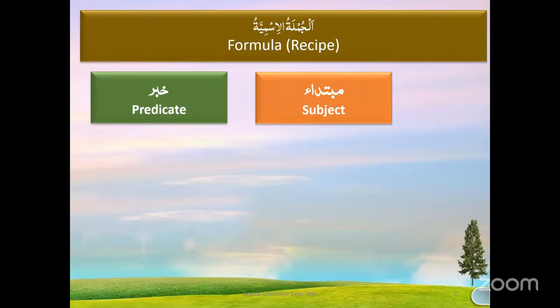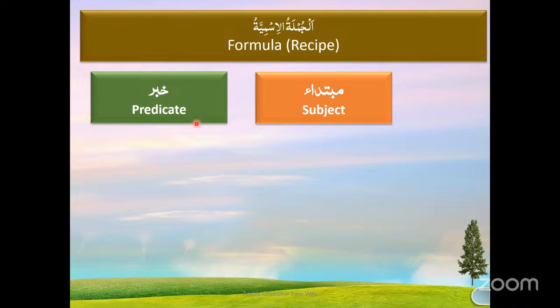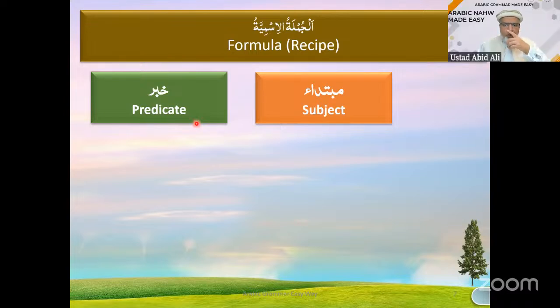Subject. And what is the name of khabar in English? Predicate. Okay. Can you tell me the formula, what makes two nouns when they come together into a sentence? What are the qualities of mubtada in reference to their type, their status, their gender, and their number?